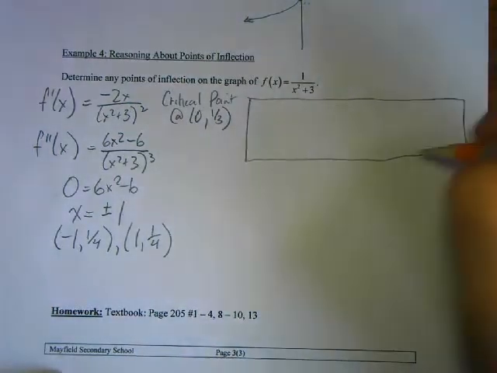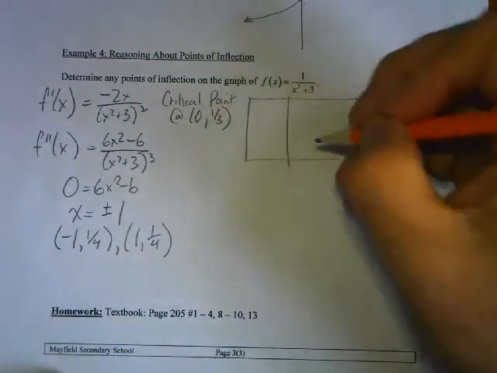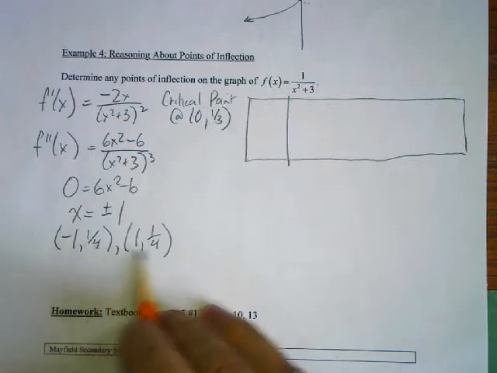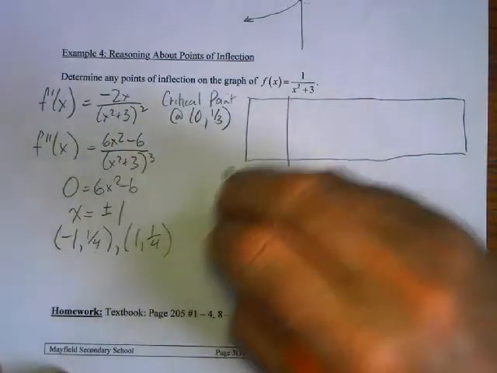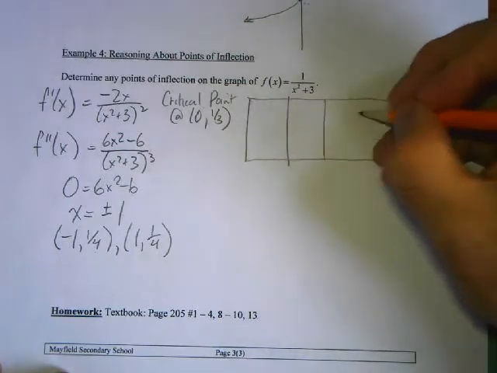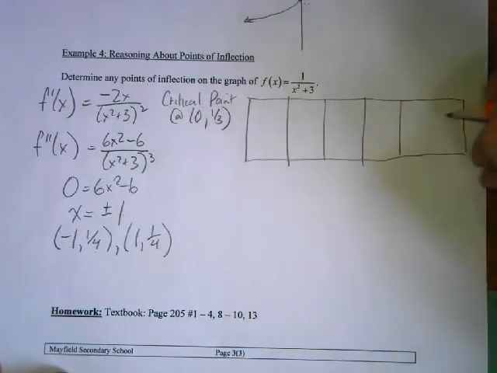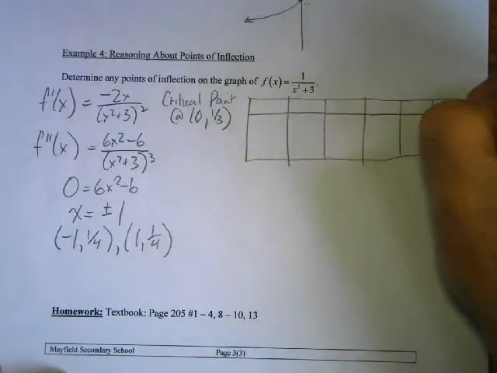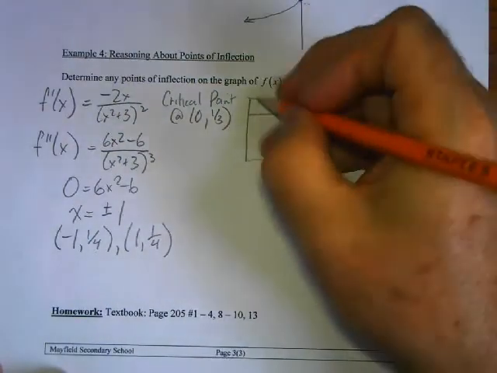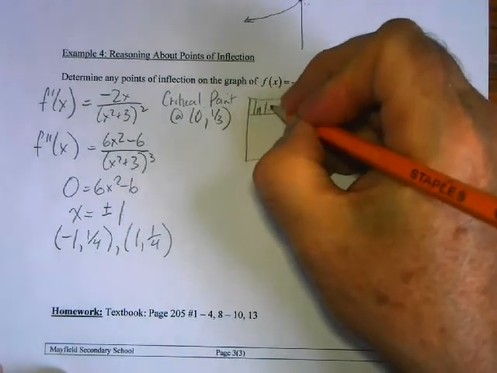This one's going to be a little wider because we've actually got 2 points of inflection to consider. So I'm going to have five columns here, and the comment on the left side. So we've got our interval.